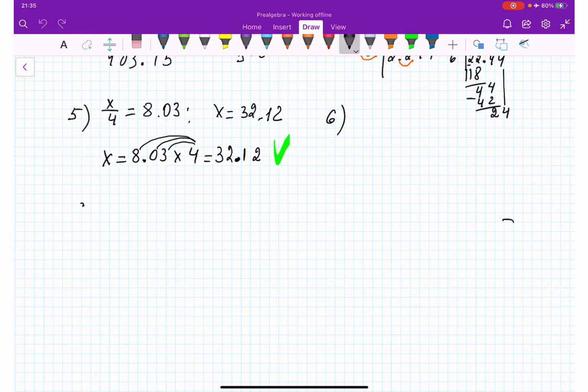Number 6. Evaluate the expression for x equal to 7.12, y equal to negative 0.6, and z equal to 2.25.